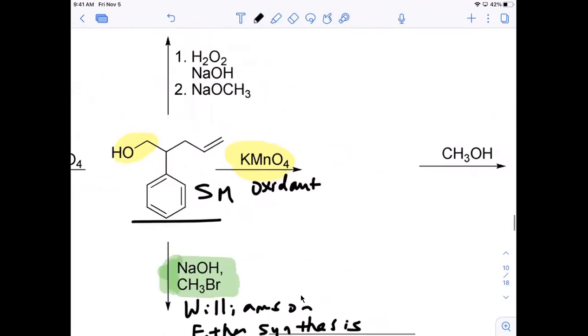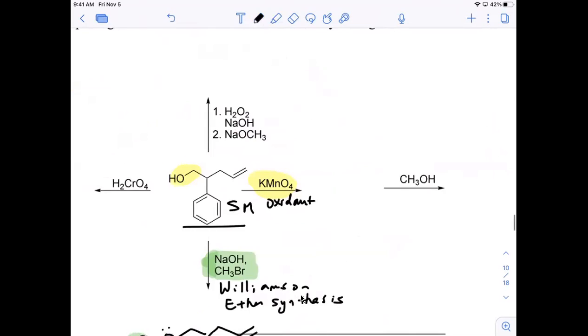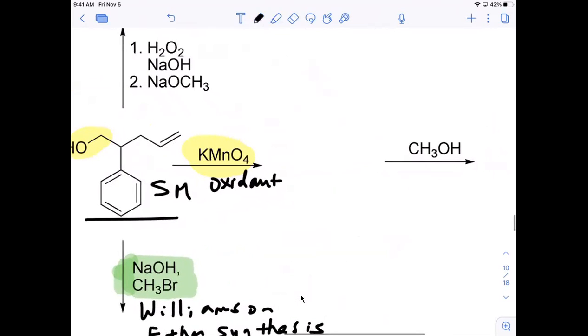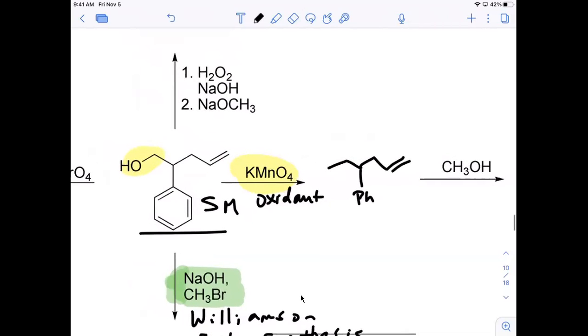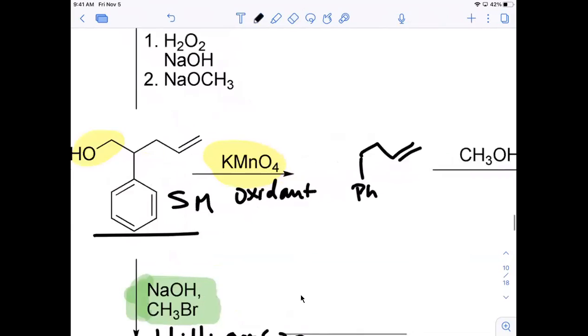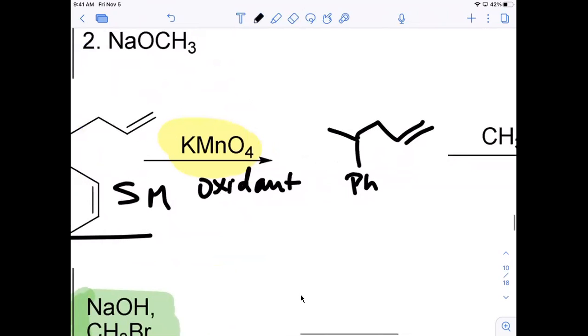Right? So my product is going to look like, don't steal it. So this is Ph. Like that. And then my alcohol is actually going to get oxidized up to a carboxylic acid. Right, that's what potassium permanganate does.